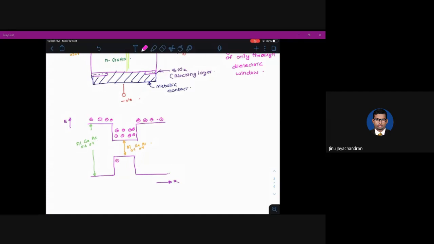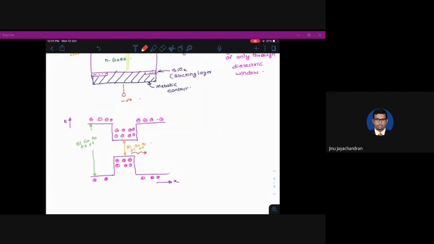Similarly, there will be a good amount of holes at the valence band, although there are some in the aluminum gallium arsenide structure. Okay, and the electrons will come down using spontaneous emission, recombine, and it will generate the light.